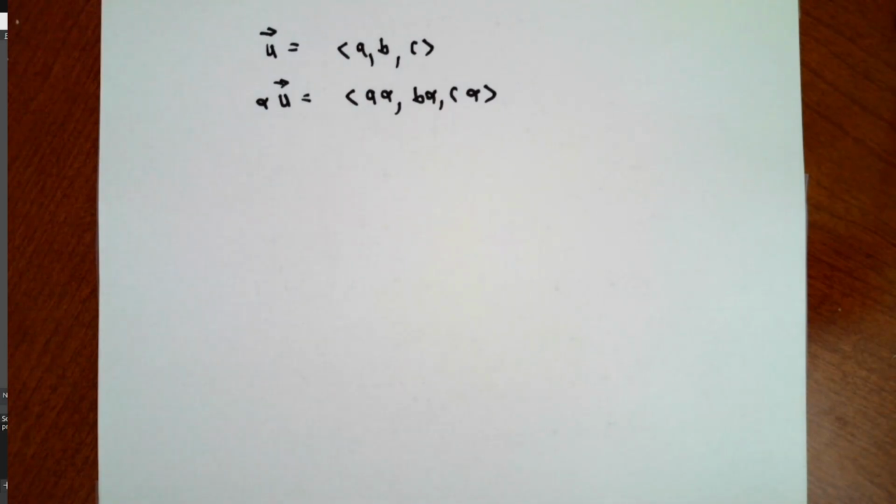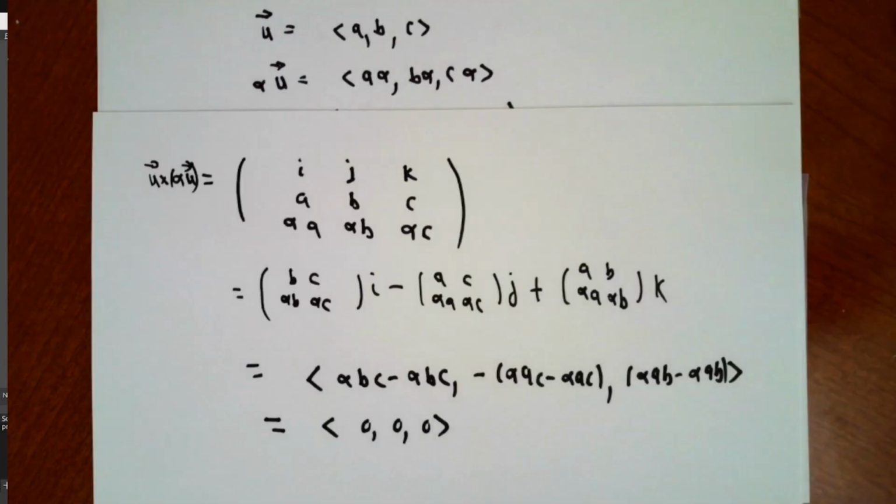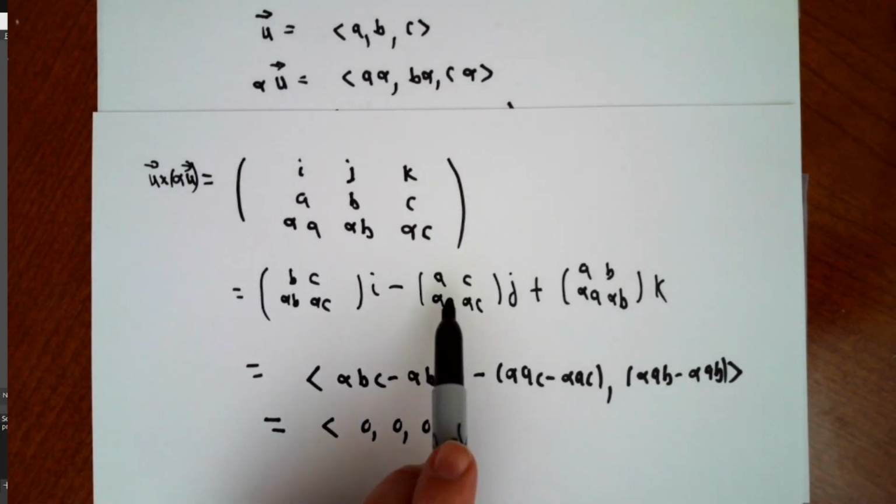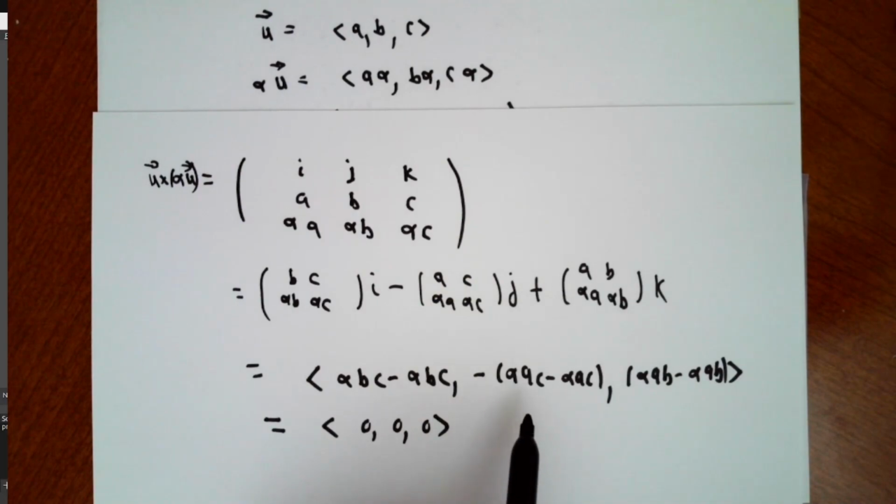I want to look at U cross product alpha U and see if it comes up zero as I think it should. Writing out the determinant for U cross vector alpha times U, we end up with alpha times B times C minus alpha times B times C, which is zero. The negative of alpha times A times C minus alpha times A times C, which is zero.